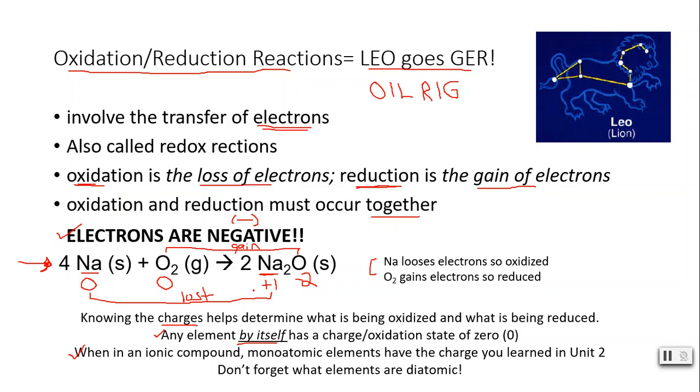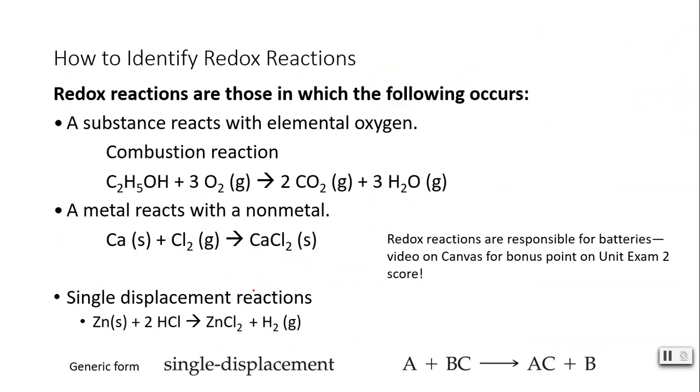Okay. Let's talk about some other examples, other ways to identify redox reactions. Combustion reactions, things that react with oxygen, elemental oxygen, that just means oxygen by itself. Species where you have a metal reacting with a non-metal, those are redox reactions.